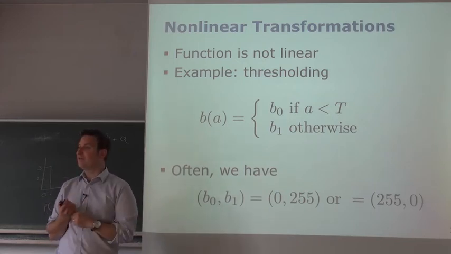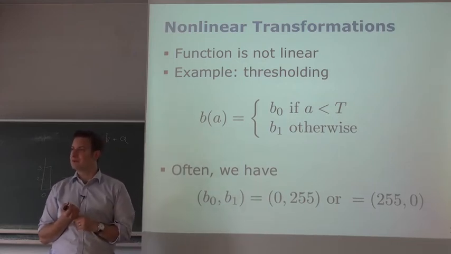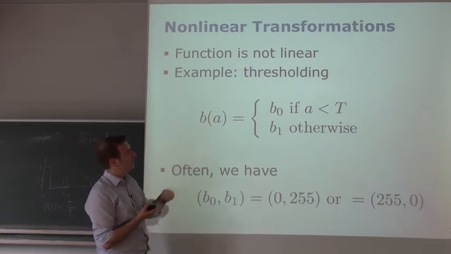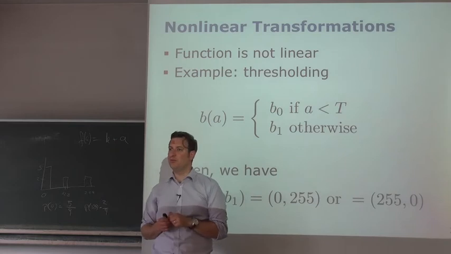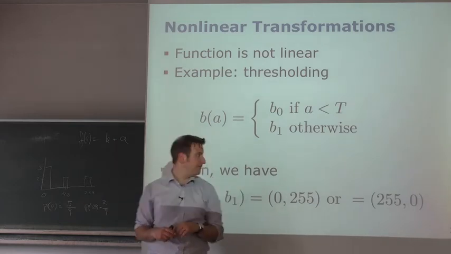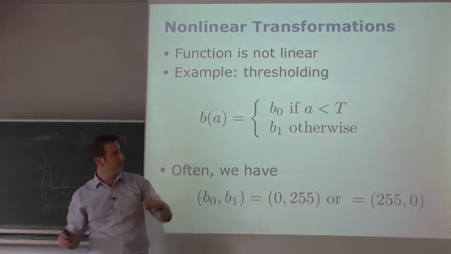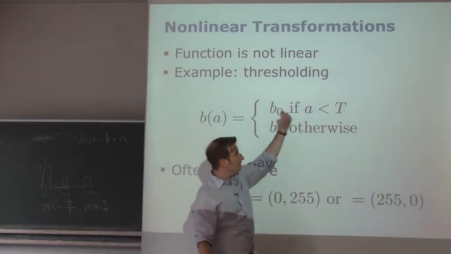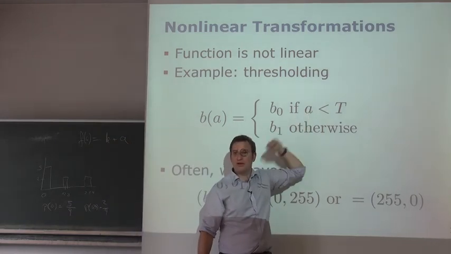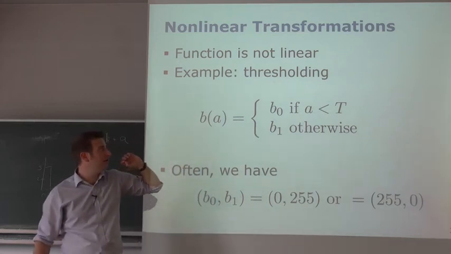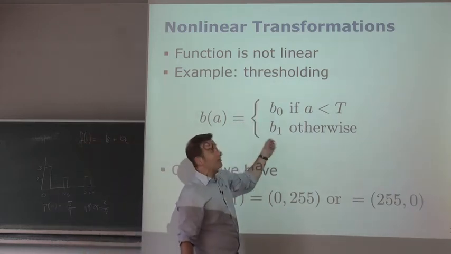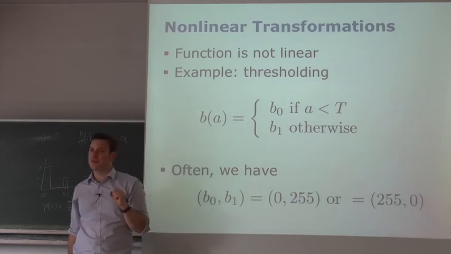There's a very simple example, which is thresholding. That means I just get two values, b0 and b1. This can be 0 and 255 or 0 and 1. And whenever in the input image the gray value is smaller or larger than a value t, I get one value, and the other value in the other case.